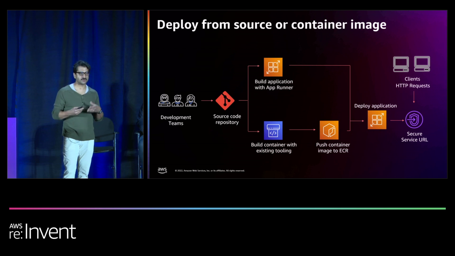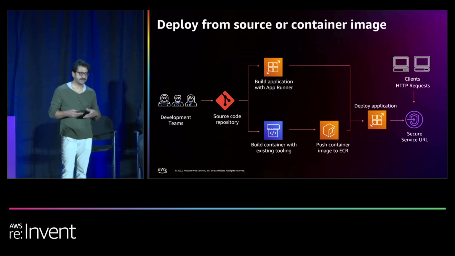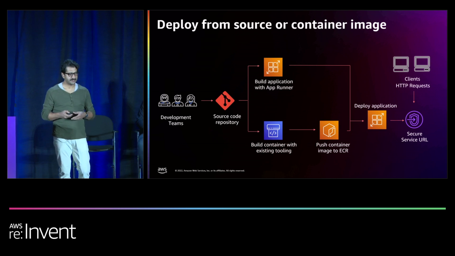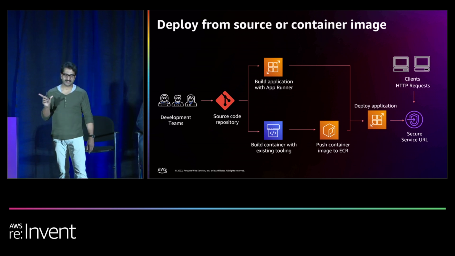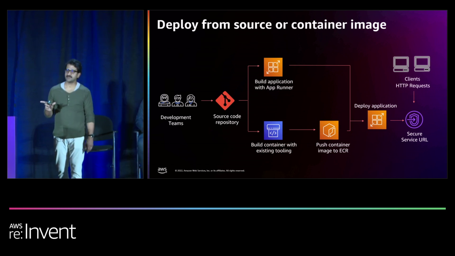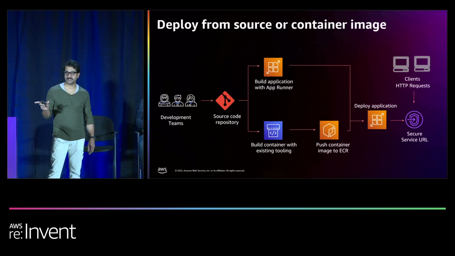So you have a level of control. You can use our prepackaged runtimes from source, or use your own tooling and bring a container image, and we deploy that application for you. You'll see a URL in your account where you can access that application. That's automatically integrated with ACM, so we apply an SSL certificate to that. Then your clients can start hitting it, and it starts to serve requests.